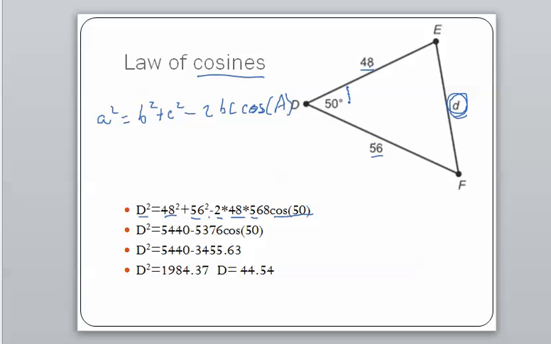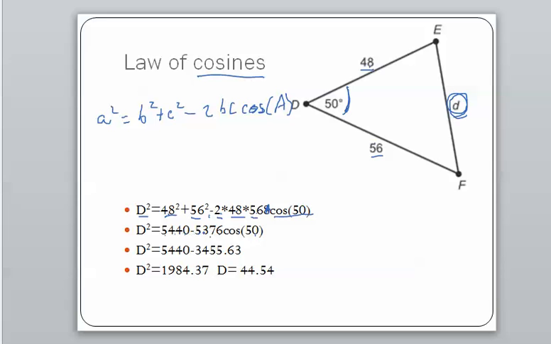Well, there's the angle 50. Working this out, 48 squared plus 56 squared is 5,440. 2 times 48 times 56 is 5,376. And then I'm going to take the cosine of 50.